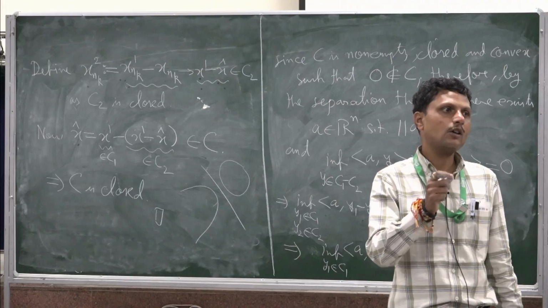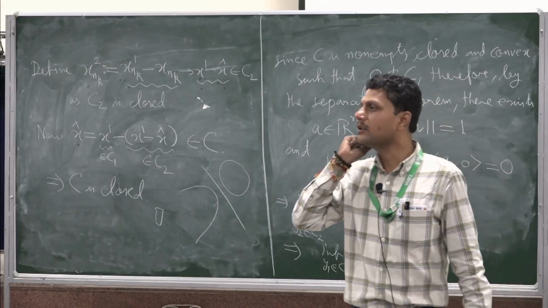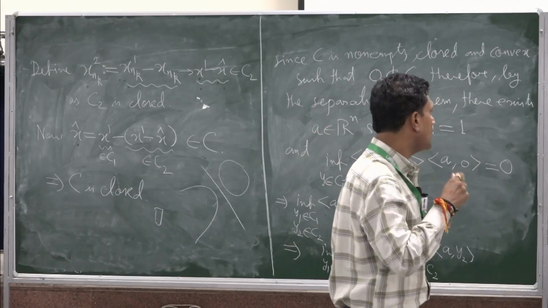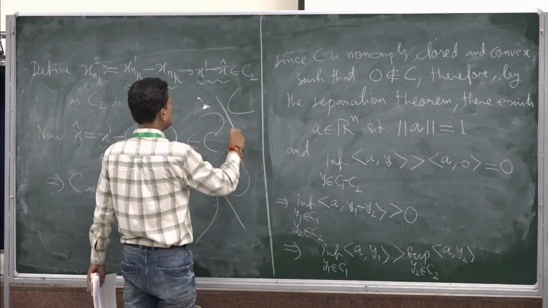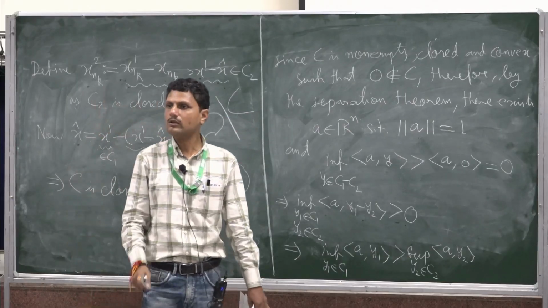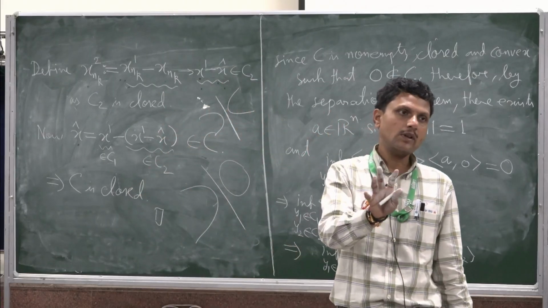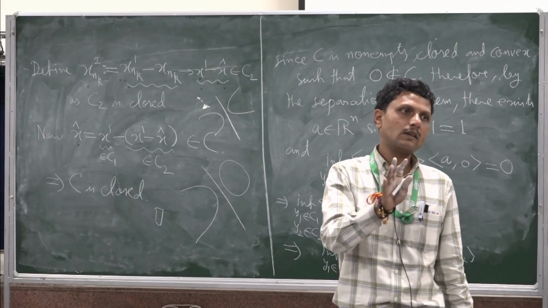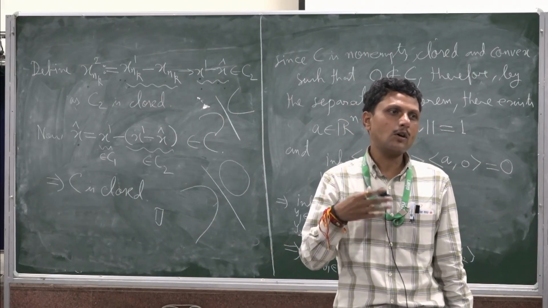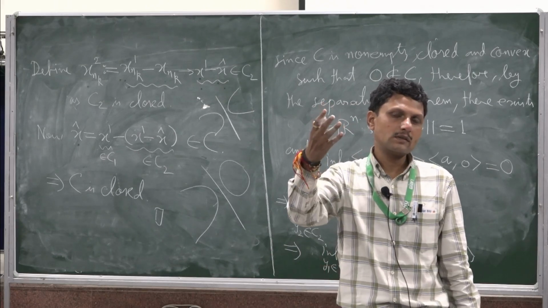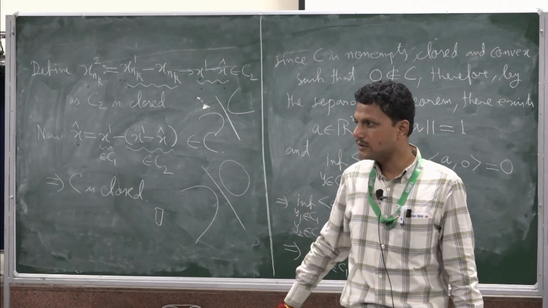You have to find two unbounded convex sets which cannot be separated by any hyperplane. Suppose you take this, and you can have a hyperplane, but that will not be the case always, right? But if at least one set is bounded, you can always find a hyperplane. But if both the sets are unbounded, you may not have a hyperplane which will separate.